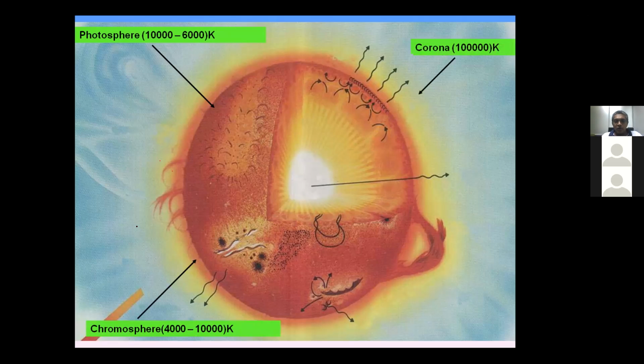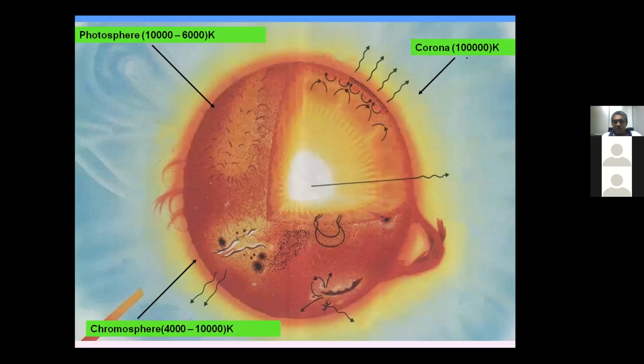Then we have the corona. Corona means well away from the sun, right? When you go beyond the sun, maybe millions of kilometers away from the surface of the sun, we call that the corona. The corona is something strange.